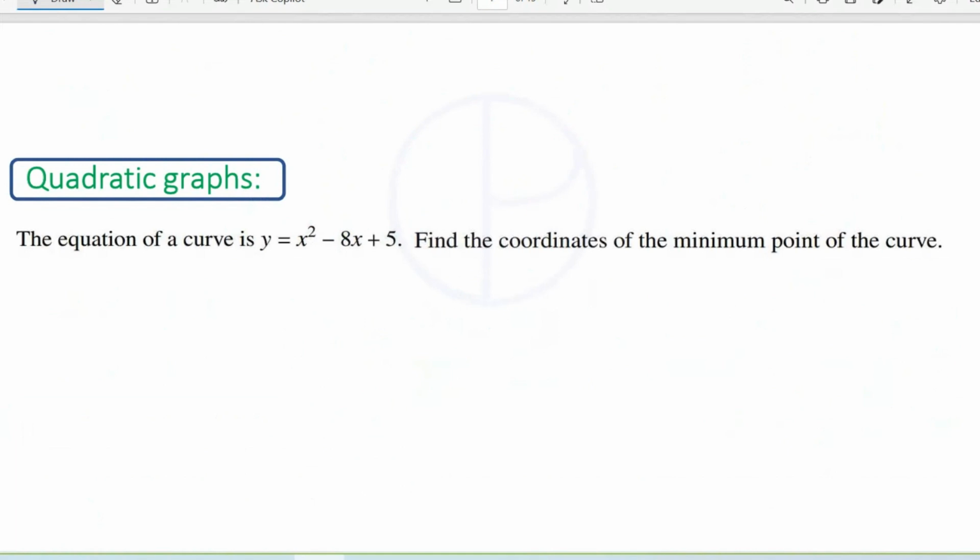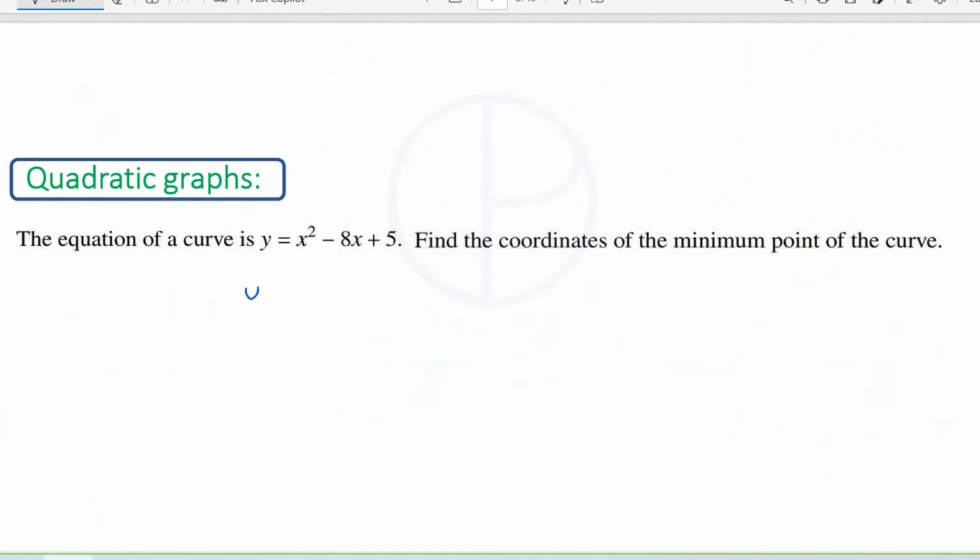This question is from paper 12 ON 23. The equation of a curve is y equal to x squared minus 8x plus 5. Find the coordinates of the minimum point of the curve. That is, you need to find out the turning point. So y is equal to x squared minus 8x plus 5. First write it in the completing the square format.